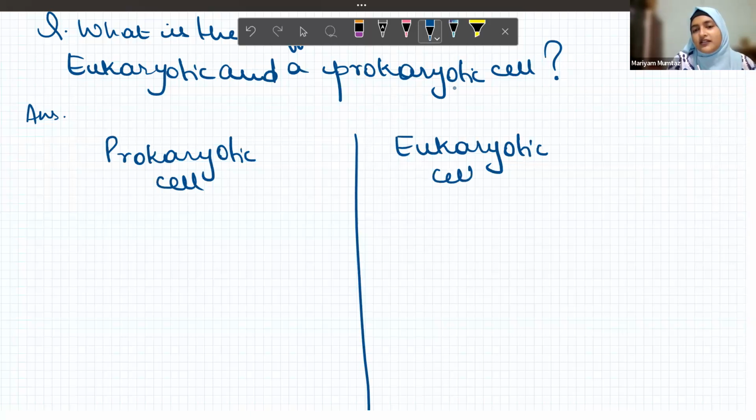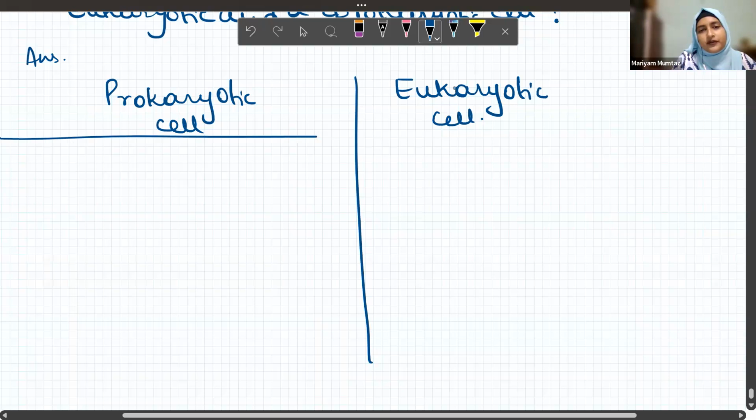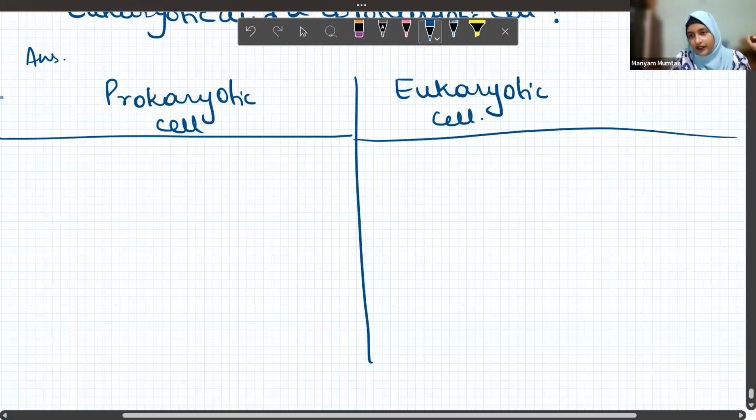It makes your answer look beautiful also, right? So the first column is for the prokaryotic cell, and then there is the eukaryotic cell.